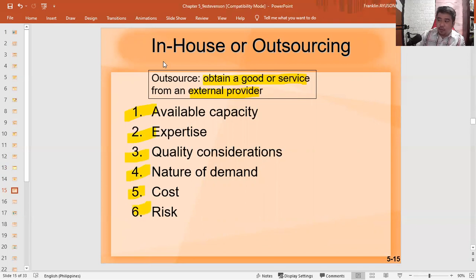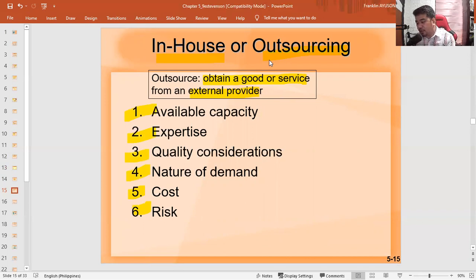Again, we want to consider whether our capacity is enough to provide an in-house output or should we outsource, or should we obtain our goods and service from an external supplier.